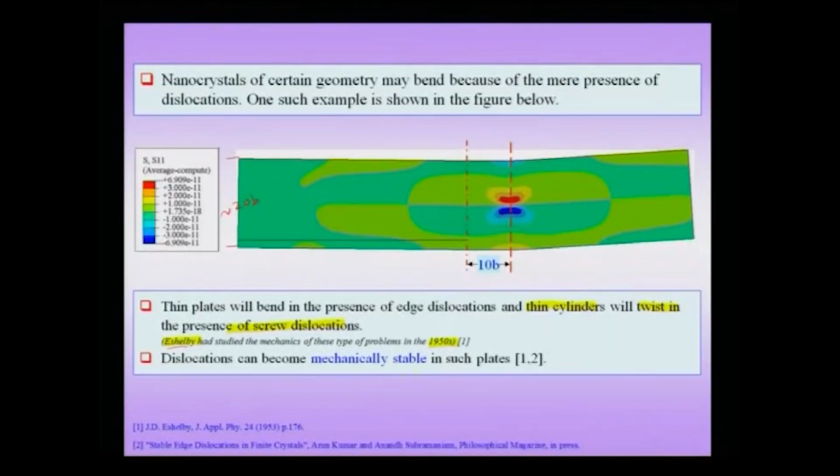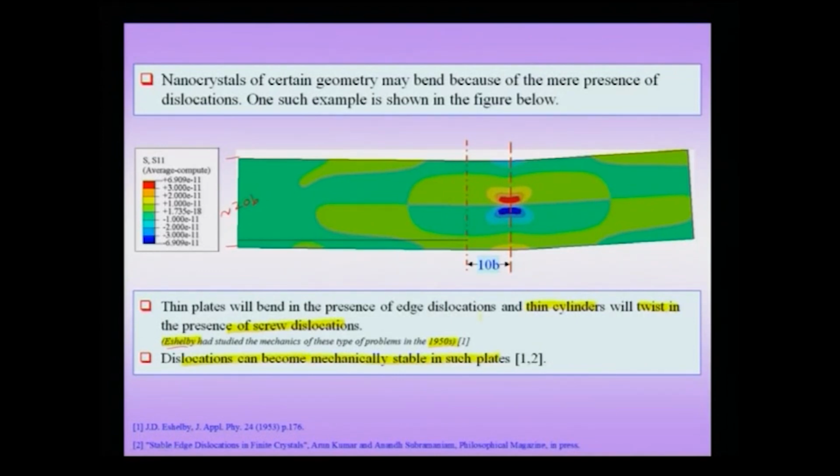But it is interesting to note that dislocations can actually become stable in thin cylinders and thin plates. Eshelby had shown in the 1950s that a screw dislocation can be mechanically stable in a thin cylinder, which is a very interesting point. And now, in recent times, we have also shown that dislocations can be mechanically stable in plates like this.